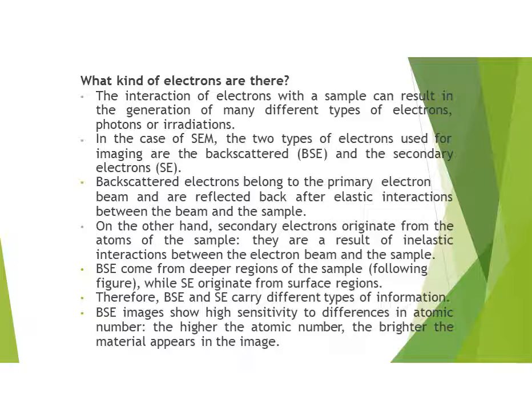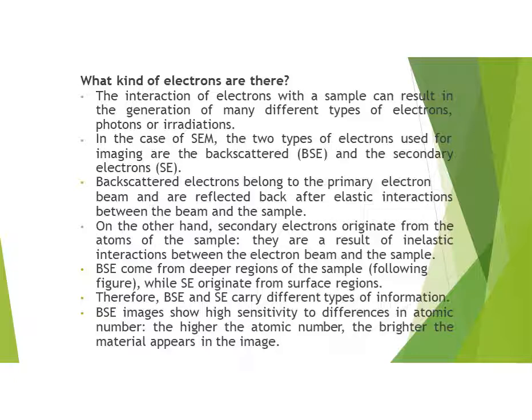Backscattered electrons belong to the primary electron beam and are reflected back after elastic interactions between the beam and the sample. On the other hand, secondary electrons originate from the atoms of the sample. They are a result of inelastic interaction between the electron beam and the sample.